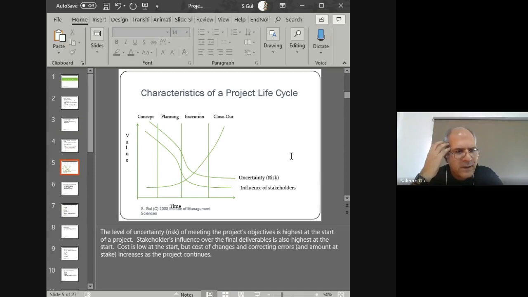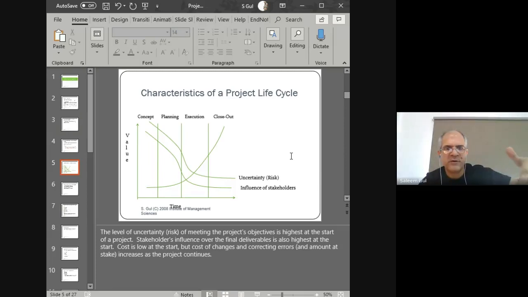Now, as projects stand, there are a couple of issues that arise. If you look at this graph in front of you, on the y-axis we've got the value, right? So projects are less valuable at the beginning, and the x-axis is the time period, moving from the beginning of the project all the way towards the end. I'm looking at the first line, which moves from the bottom upward towards the closeout.